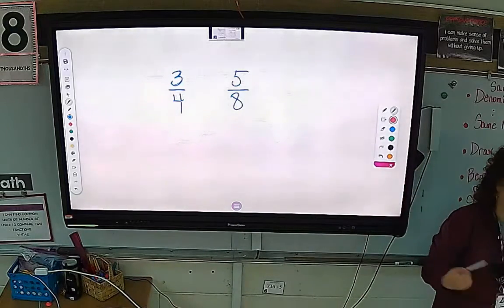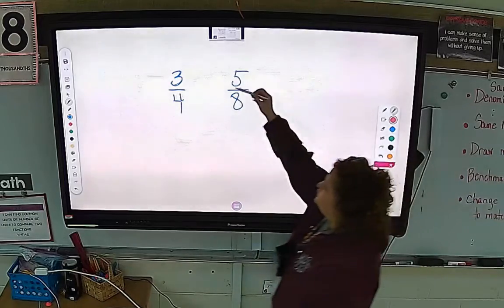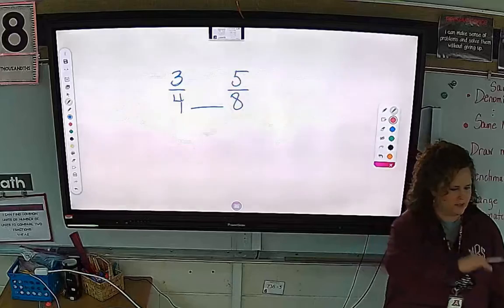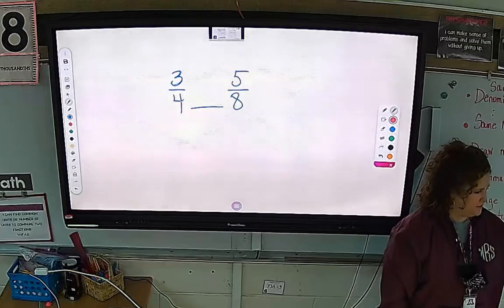And we're not going to draw the models today. That's not a strategy we're going to pick today because I want us to get familiar with this new strategy. So if these are the two fractions, I think your book puts a blank there. Sometimes we've got the circle, sometimes we've got a blank. Either way, we know we've got to put that symbol in there.